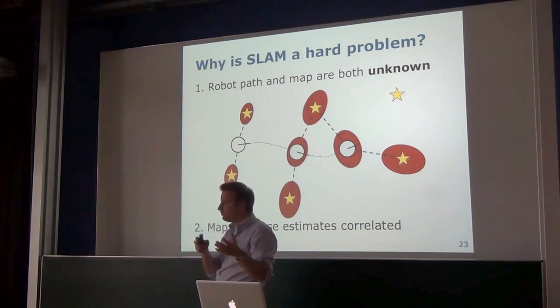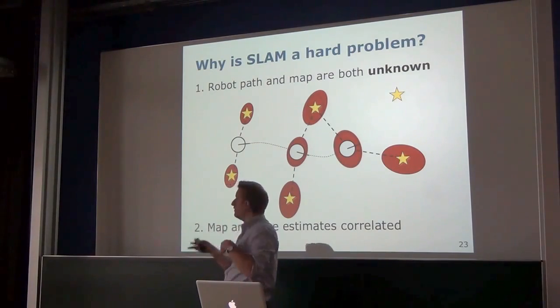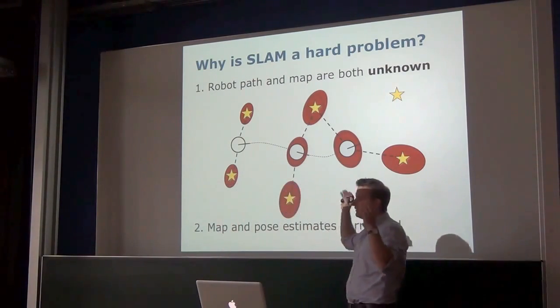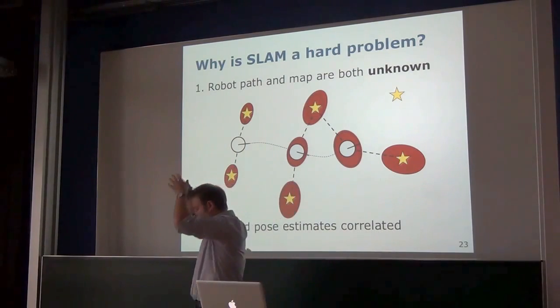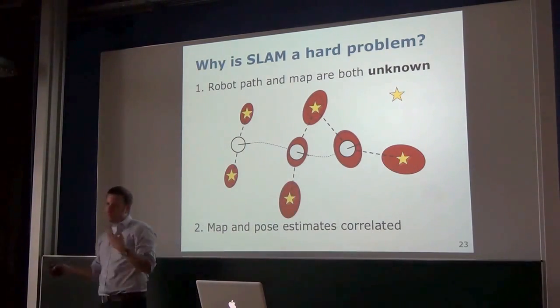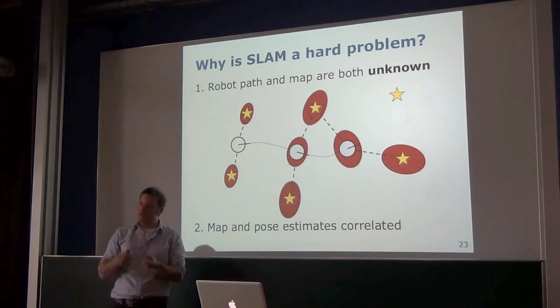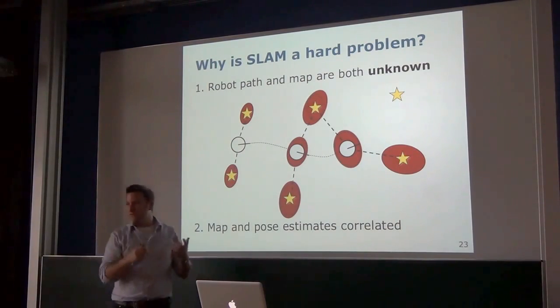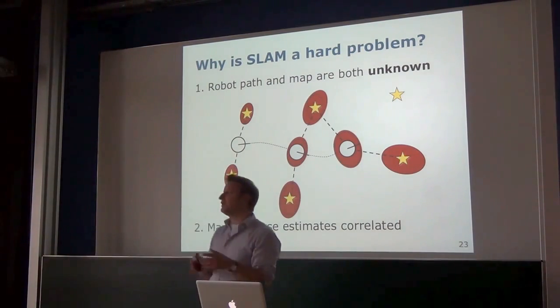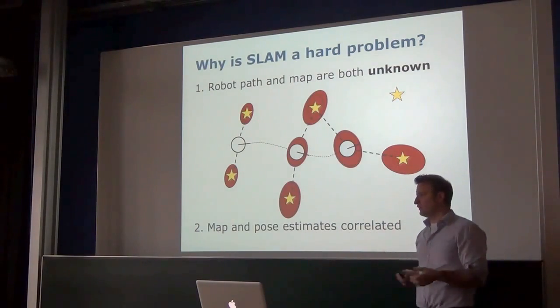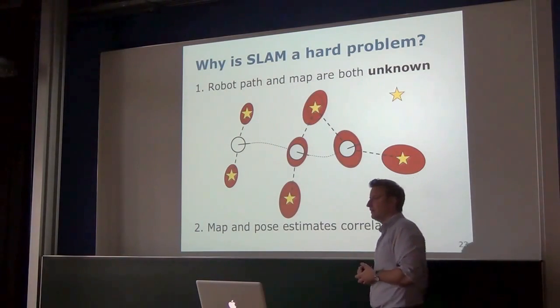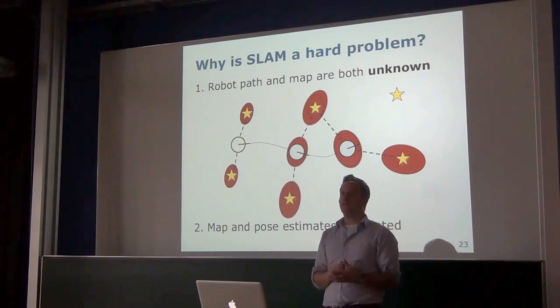But they are not treated unequally. So in the end, if you come to the Kalman filter, which is one way of expressing this, these are variables in your state space, but they're all treated equally. So I don't say this landmark is more important for me or anything else. They're all treated in exactly the same way. And the uncertainty is propagated according to the rules of probability theory. Any further questions?